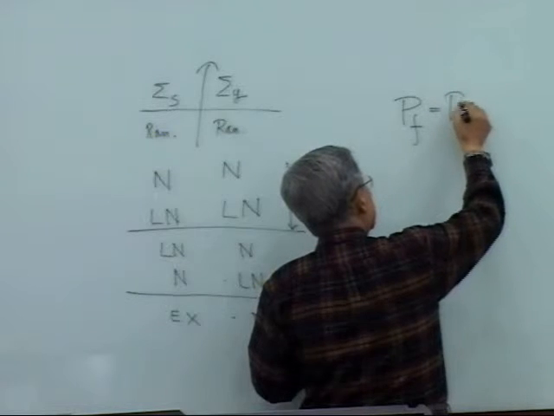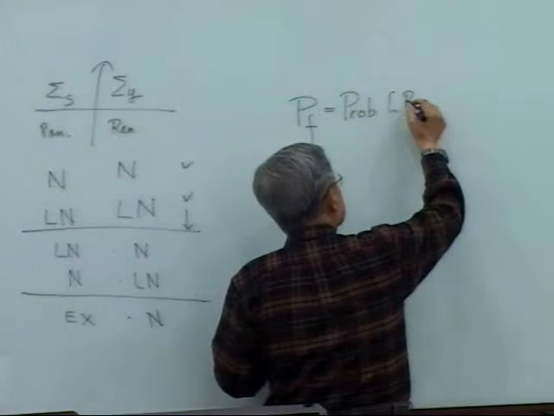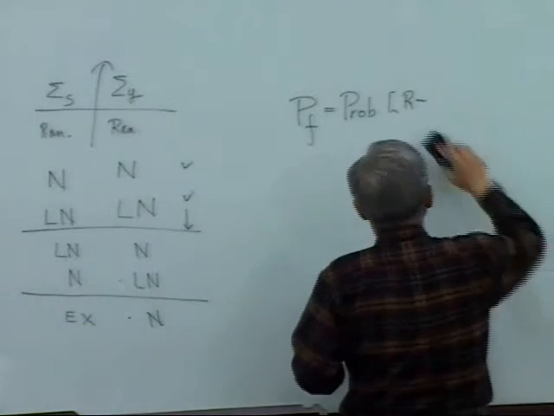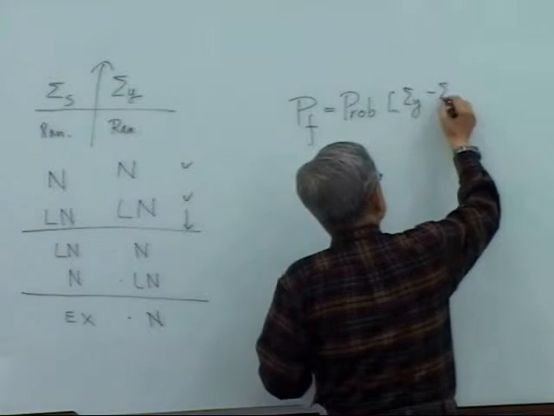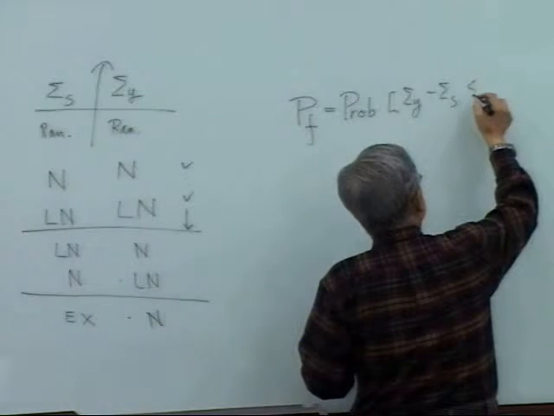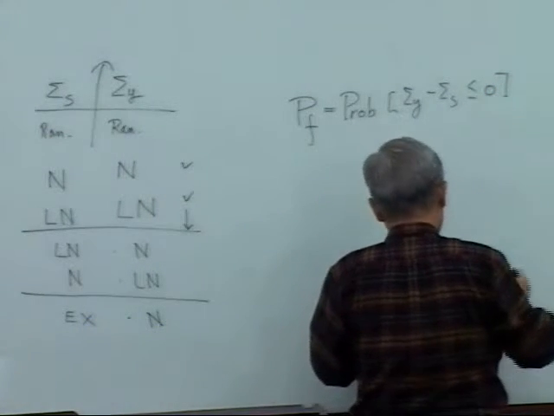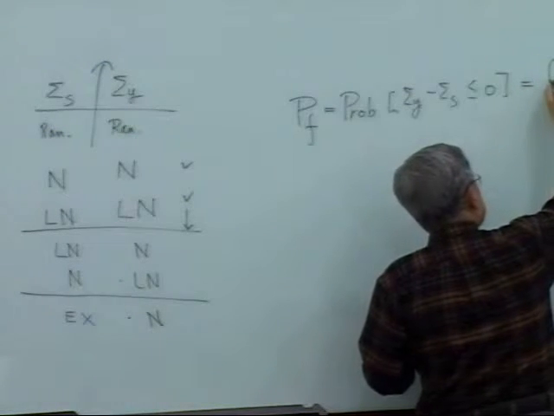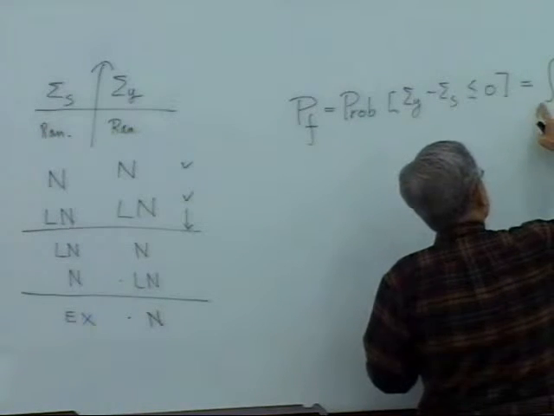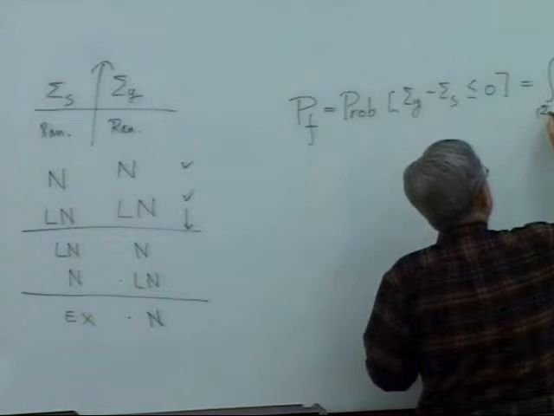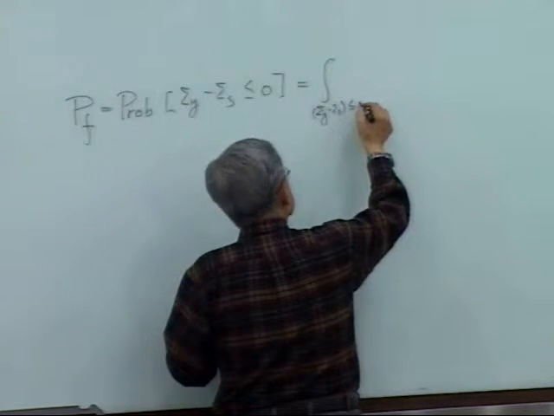So still two parameters. Probability that sigma y minus sigma s is less than or equal to 0, which in equation sense is y minus sigma s less than or equal to 0.